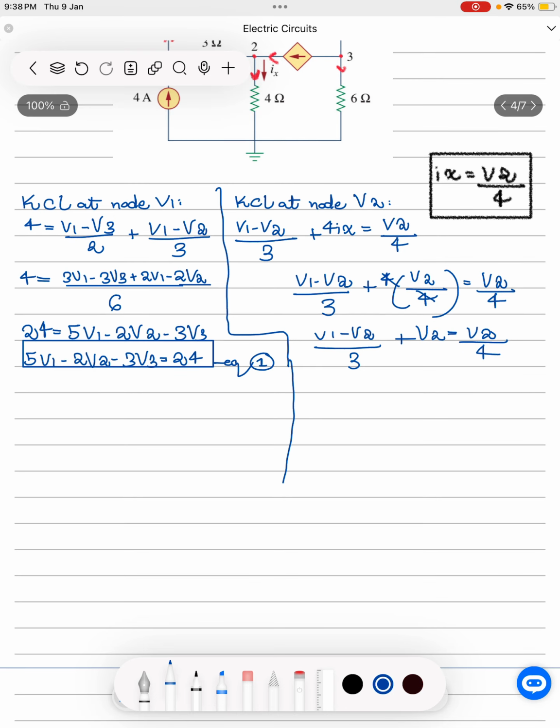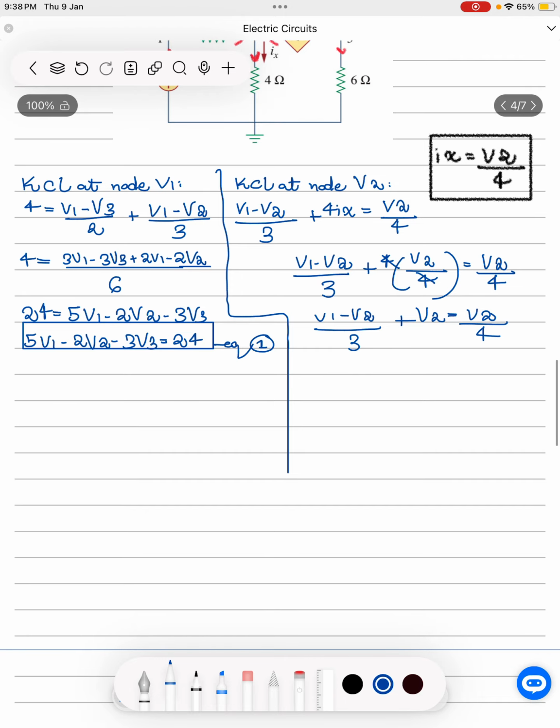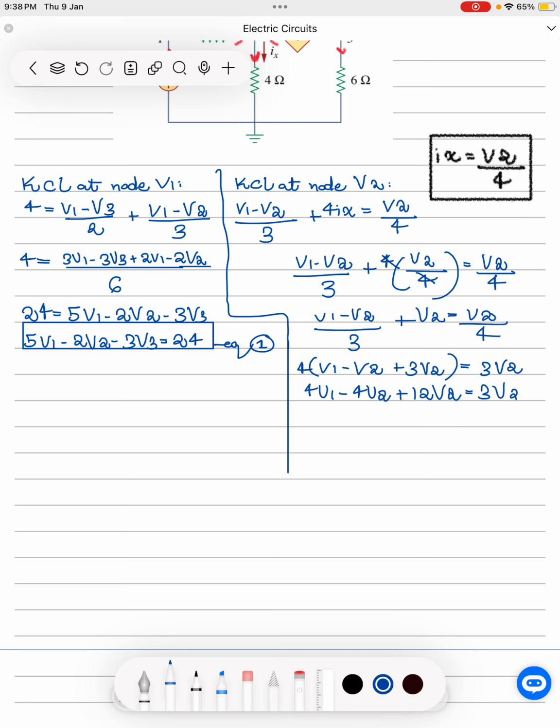Now let us simplify this equation. This would become V1 minus V2 plus 3V2, multiplied with 4, equals 3V2. So 4V1 minus 4V2 plus 12V2 equals 3V2.